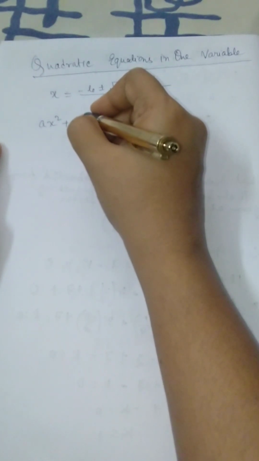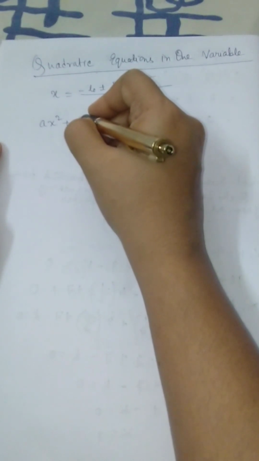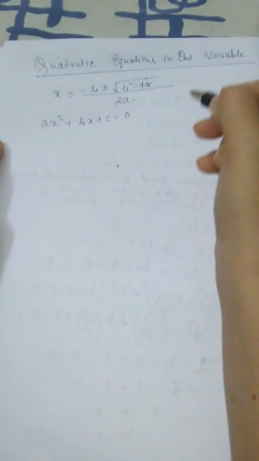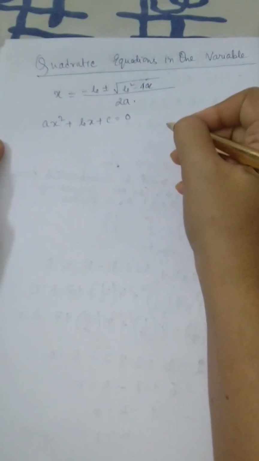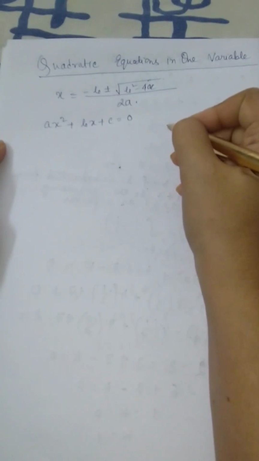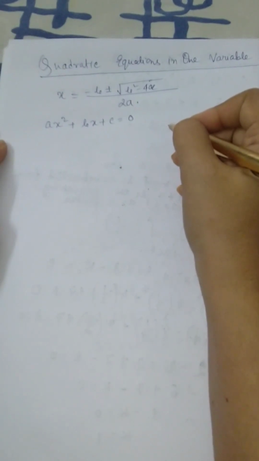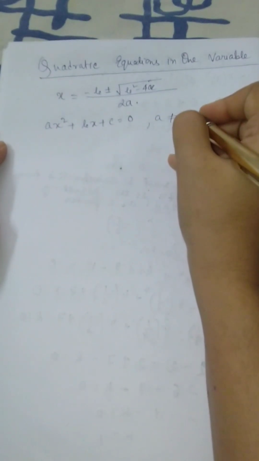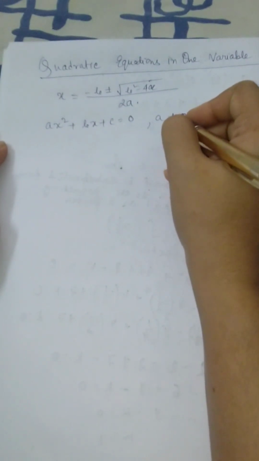In solving a quadratic equation we compare the polynomial with the format ax square plus bx plus c is equal to 0, where a, b and c are real numbers and a is not equal to 0, right?